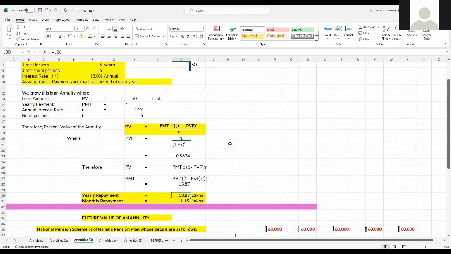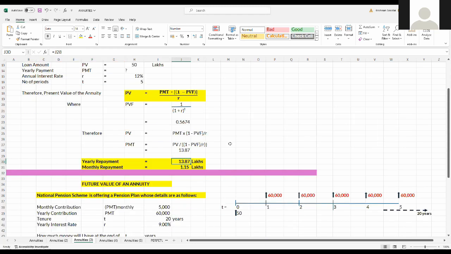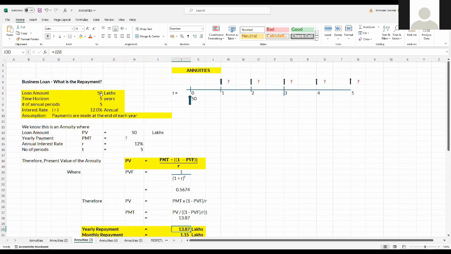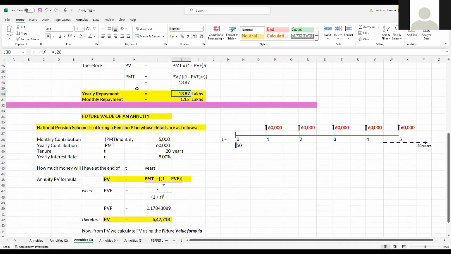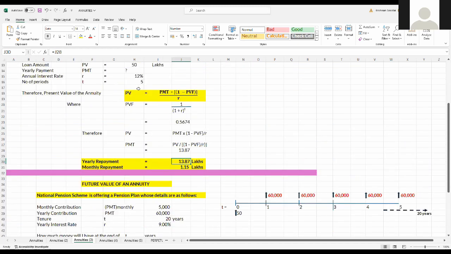So you can see that different components of the present value of the annuity, when they are asked, we can easily find out by substituting what is given into this formula, and we can get the unknown.